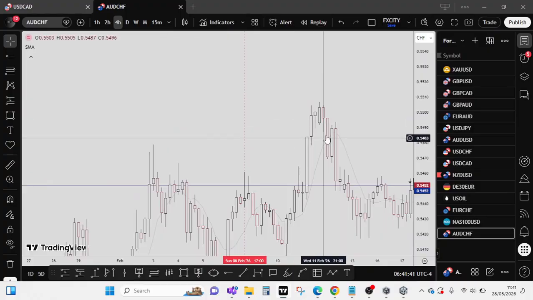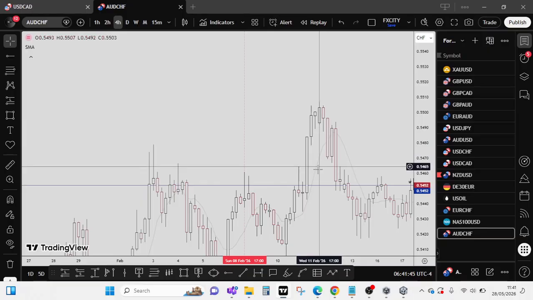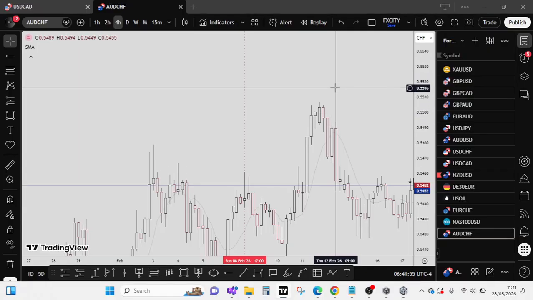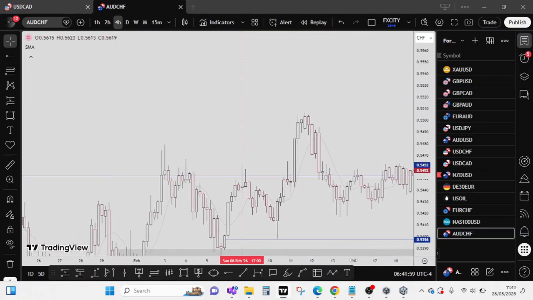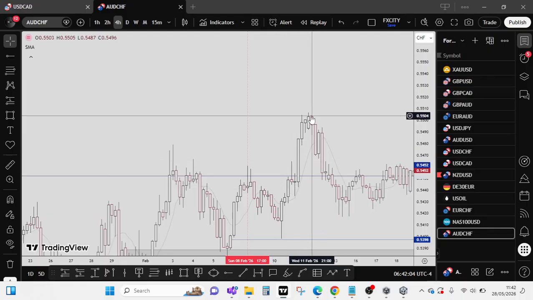So I would have said, okay, price dropped into the fib here, the moving average here, and then we came out of it, and I was expecting a potential push to the upside, right? So a potential continuation to the upside. Yeah, I think this is a trade that I would consider, given that we are looking for that bullish movement.